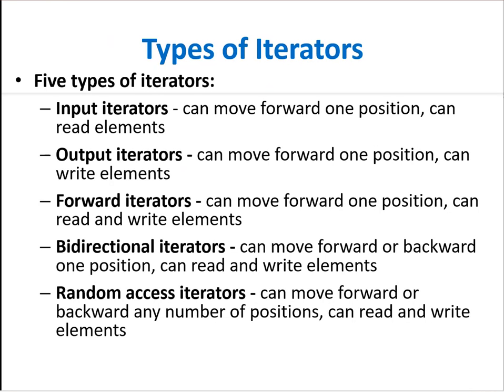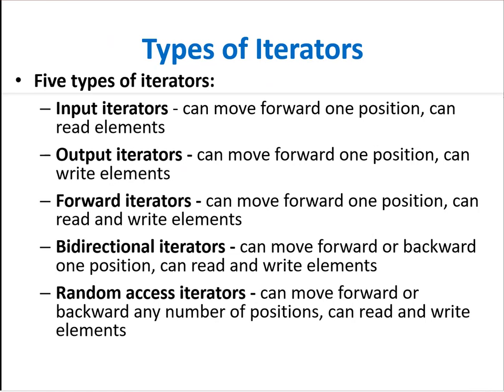Based upon its name, it suggests input iterator. It is used to provide the input, and it can move forward one position and can read one element. Output iterator can move forward one position and can write the element. Forward iterator is a combination of input and output iterator, meaning it moves forward one position and can read and write the elements.